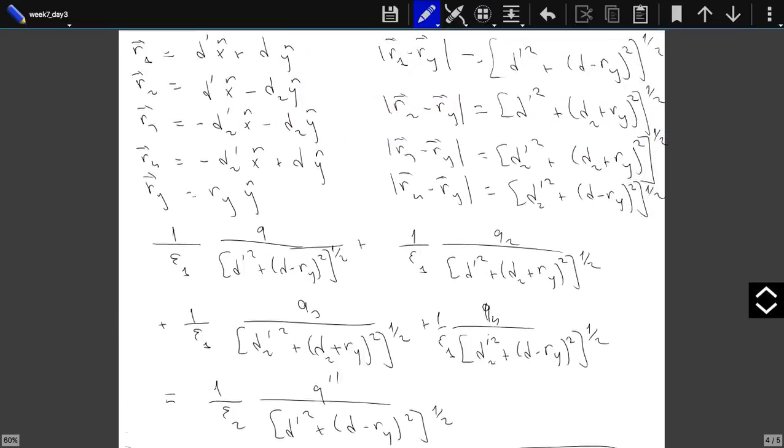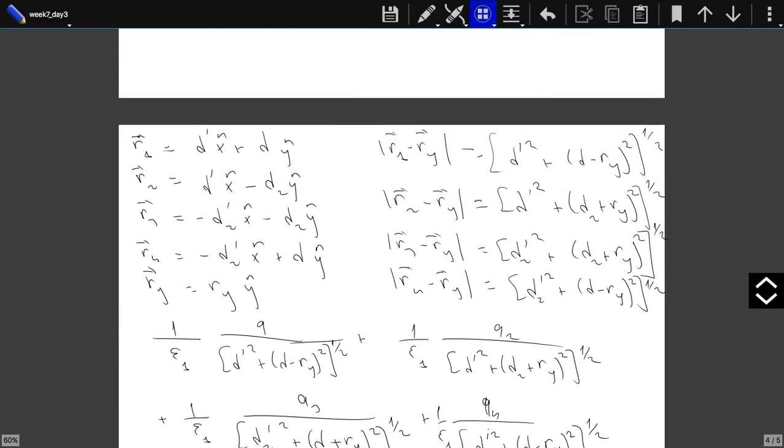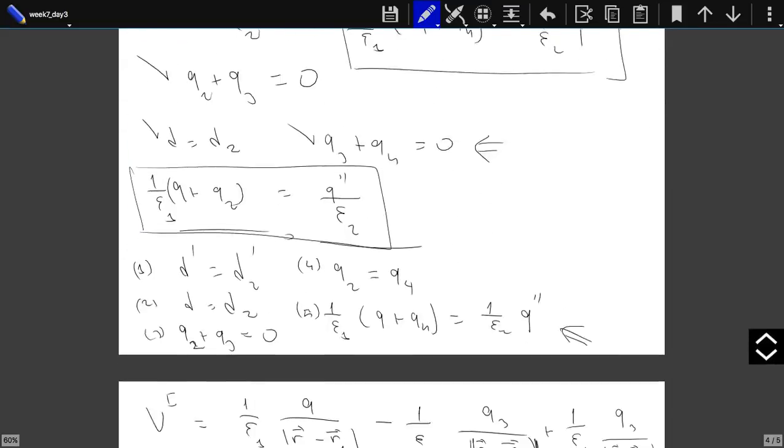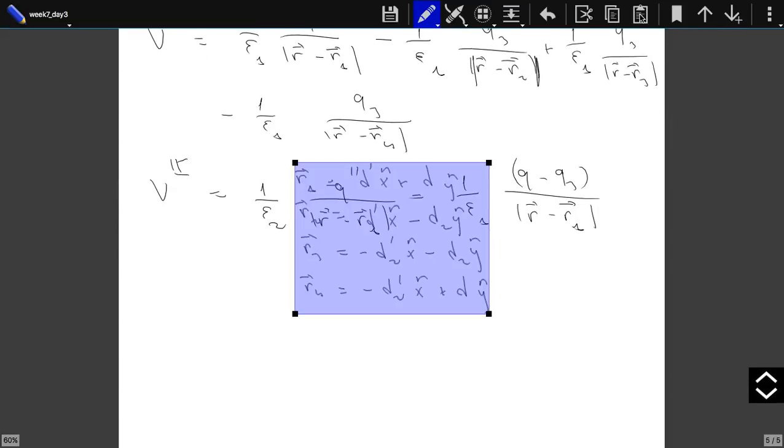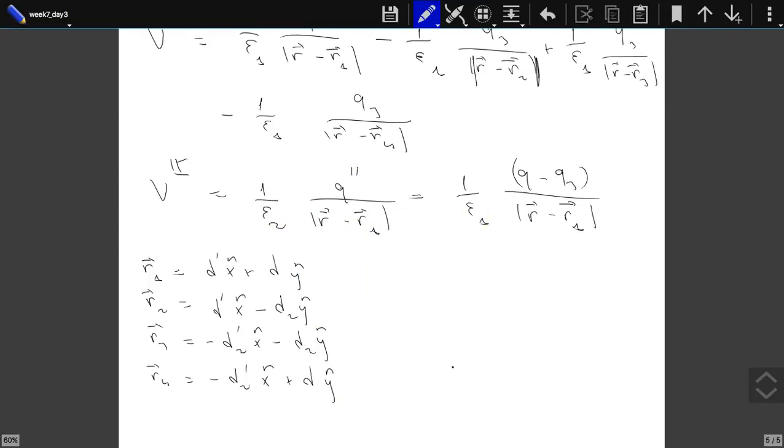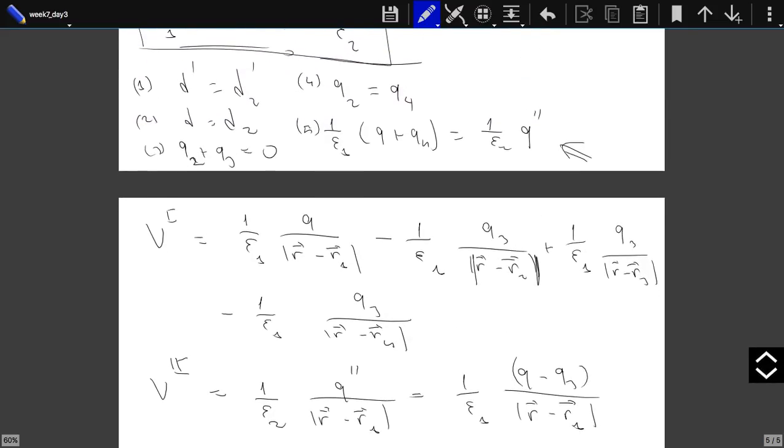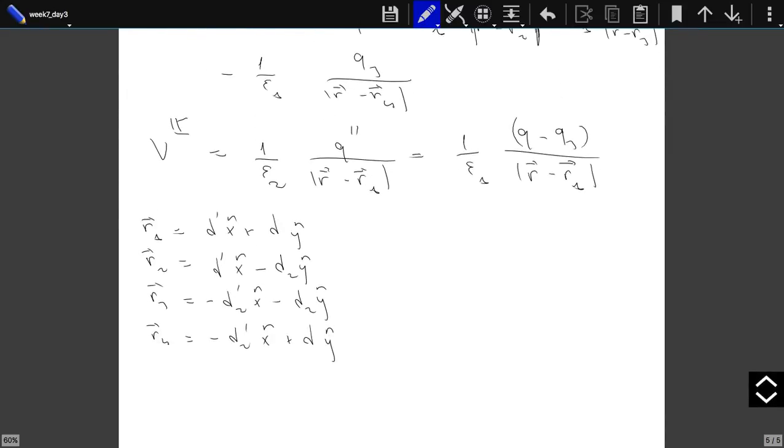Well, I will also need the distances. I will just remove the 2 because we know that d is equal to d2, d prime is equal to d2 prime.